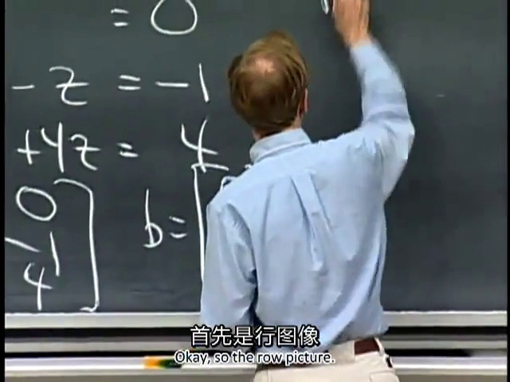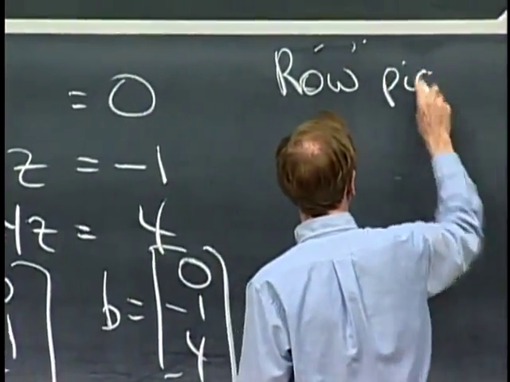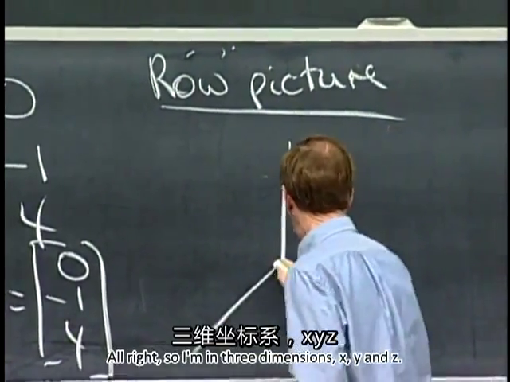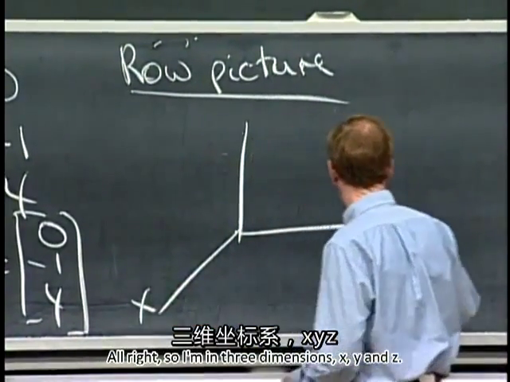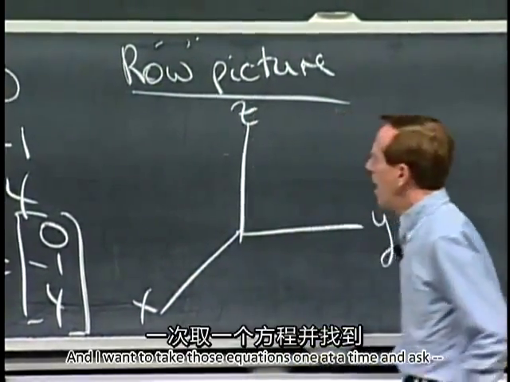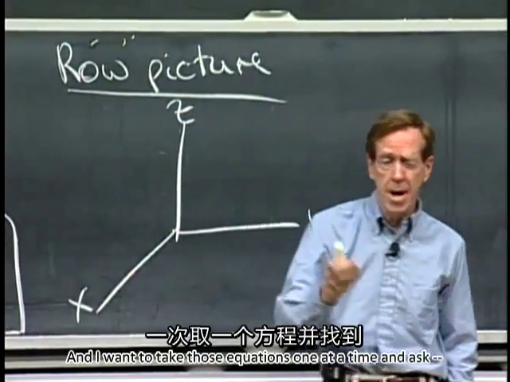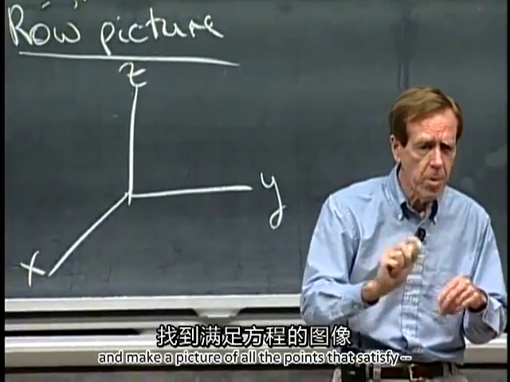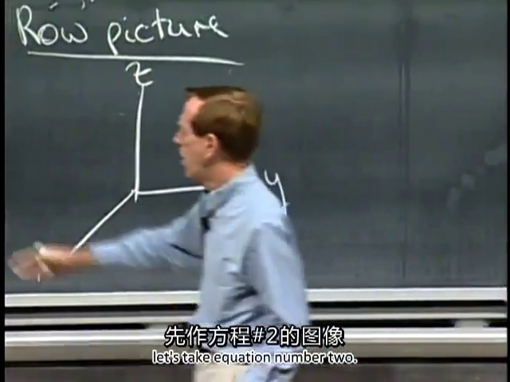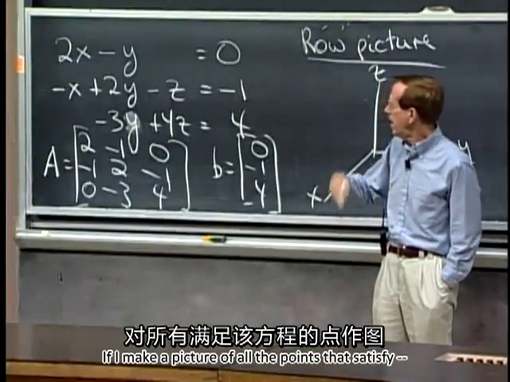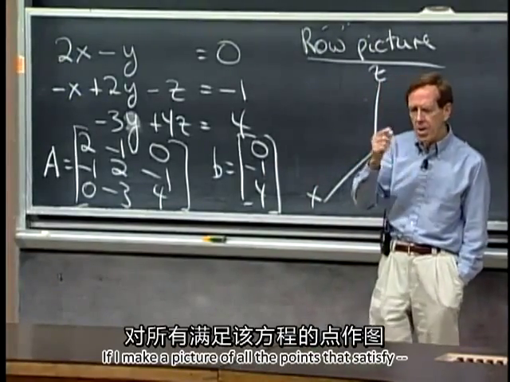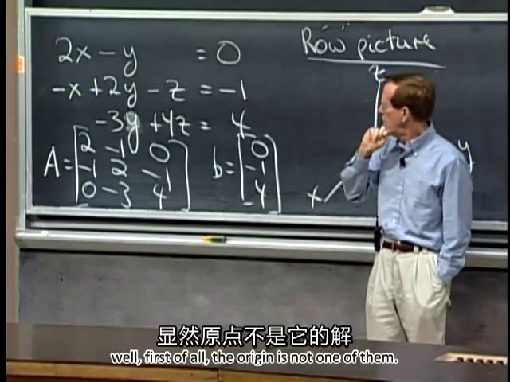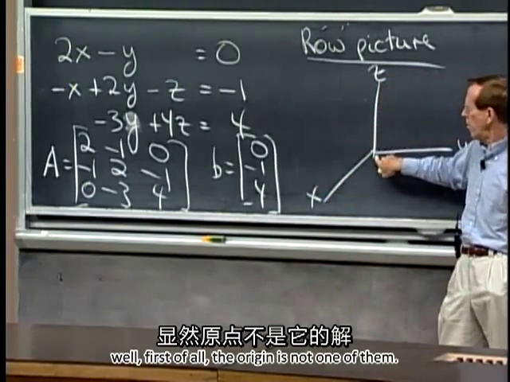Okay. So the row picture. All right, so I'm in 3 dimensions, x, y, and z. And I want to take those equations one at a time and make a picture of all the points that satisfy them. Let's take equation number 2. If I make a picture of all the x, y, z points that solve this equation, well, first of all, the origin is not one of them.